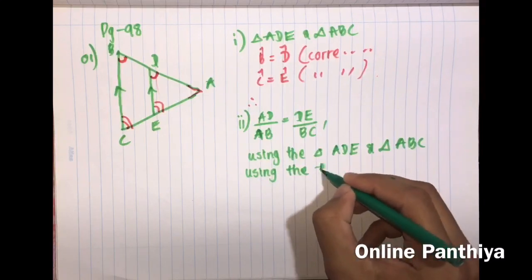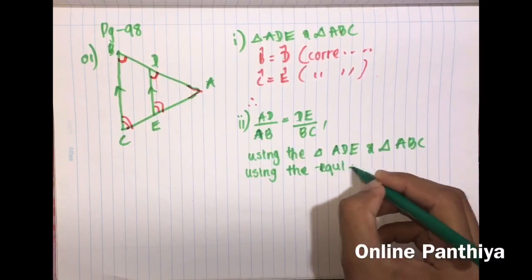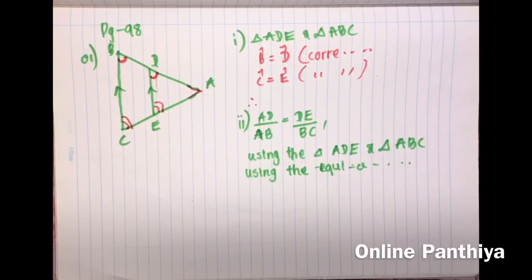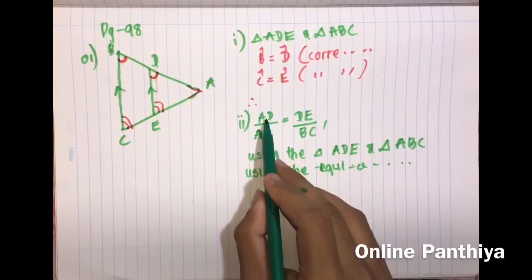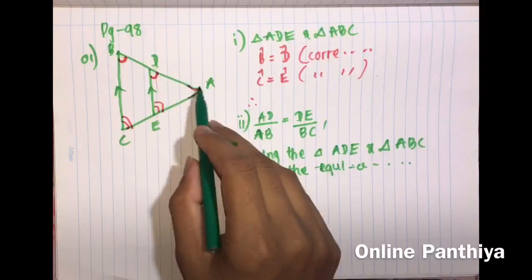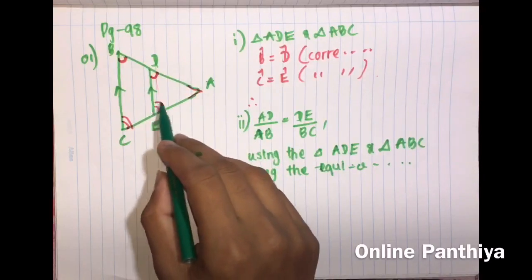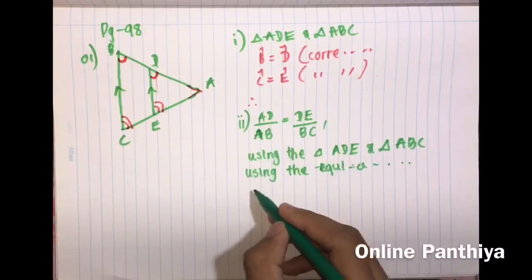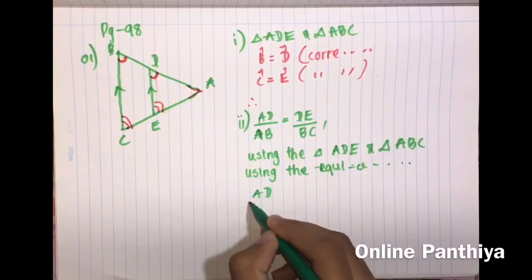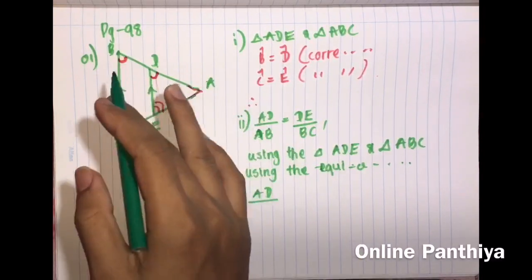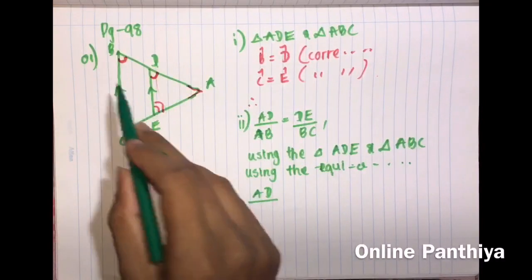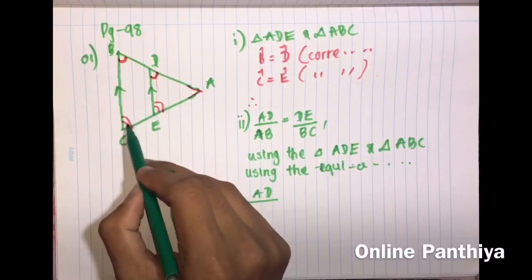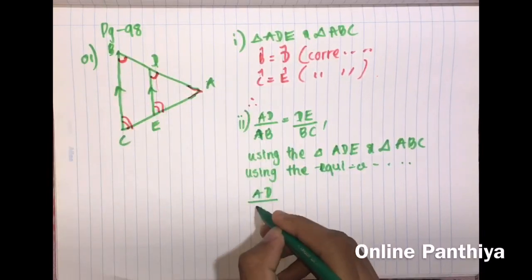Using the equiangular theorem, you can say that, see, how do you bring AD? AD is the side opposite to the angle I have marked with two lines. Therefore I can say AD is equal to, now go to the larger triangle. What is the side opposite to the angle I have marked with two lines? That is AB.